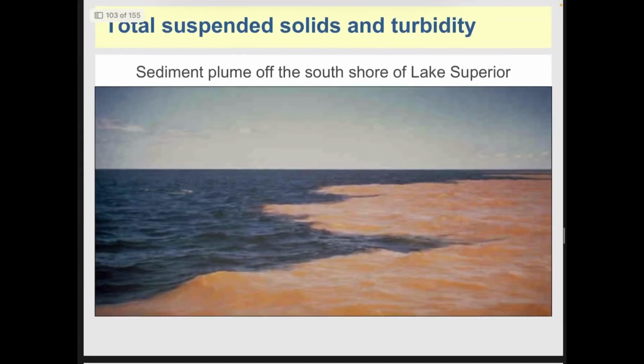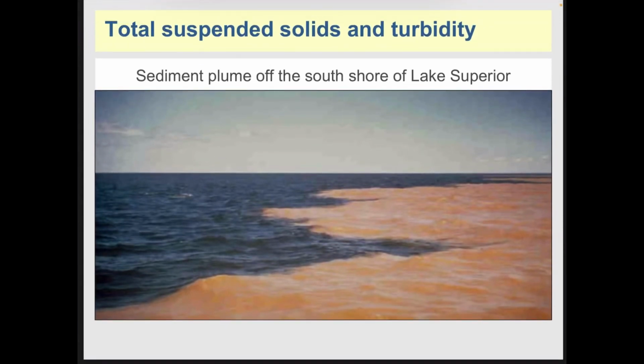So just like this, this is the sediment plume of the south shore of a lake. As you can see here, there is a noticeable change in color. That's what turbidity is. Sometimes when the water is so turbid, less light passes through, and so aquatic or marine life is affected.